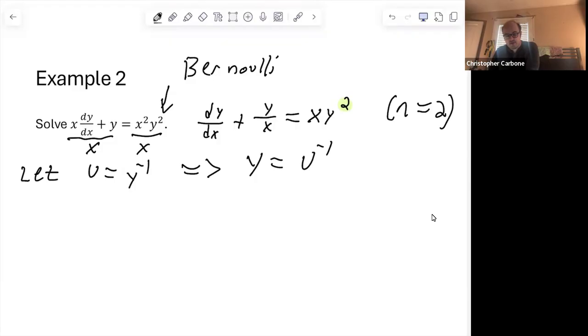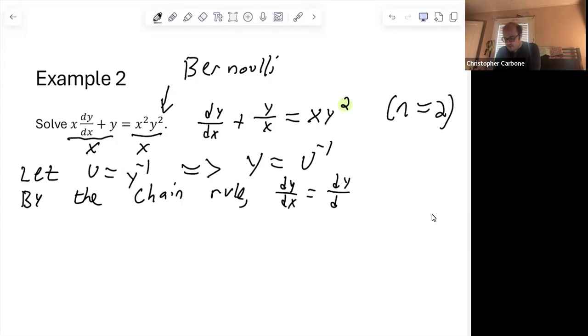And from what we know with regard to the chain rule, by the chain rule, we know that dy over dx is the same thing as dy over du times du over dx.